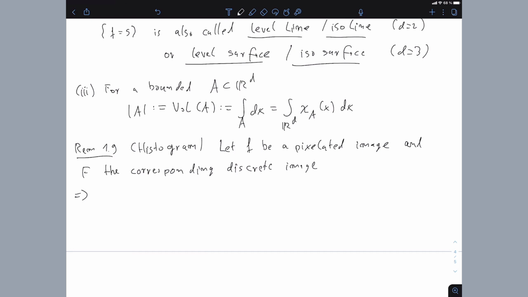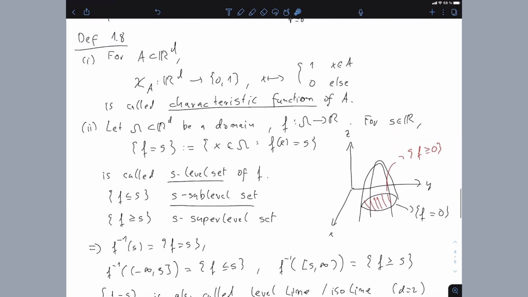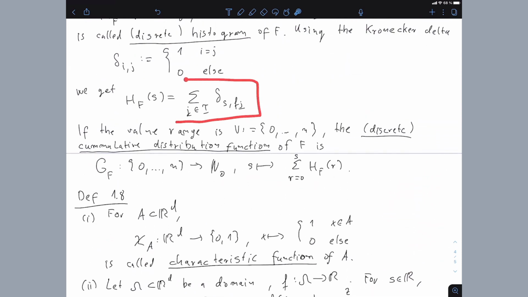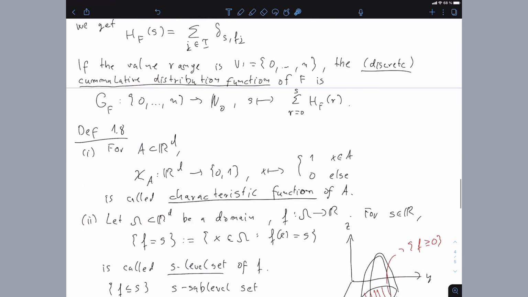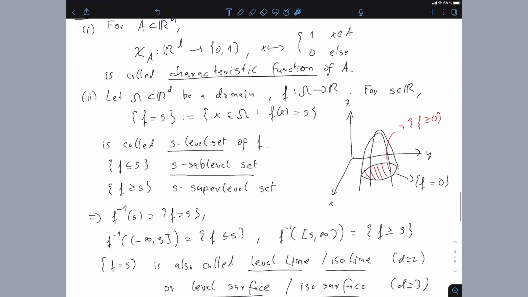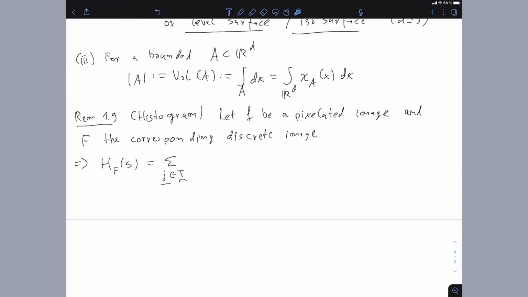So then we have the following: we can now express the discrete histogram that we defined for the discrete image with the pixelated function. If we go back to this representation, we had to sum over all the cells and needed a 1 inside a cell where the value s is attained by F. And now I'm replacing this Kronecker delta by an integral.